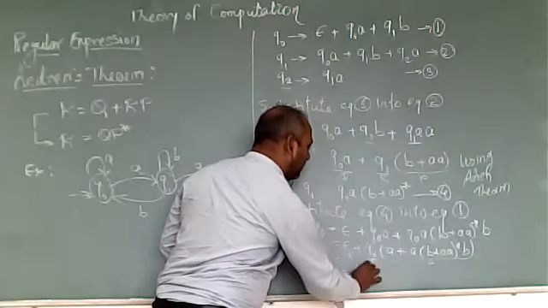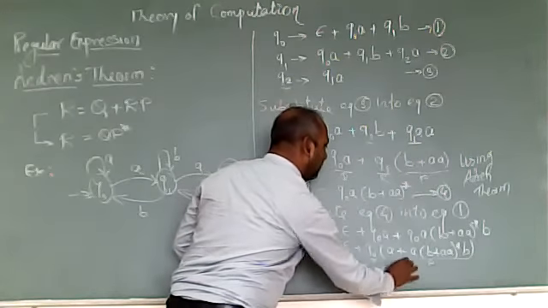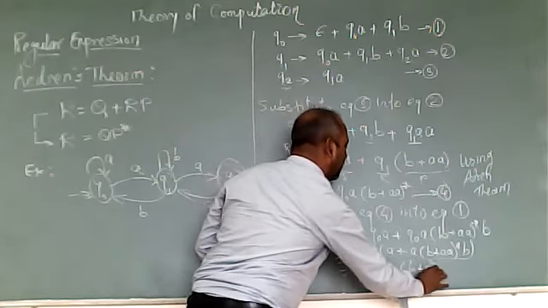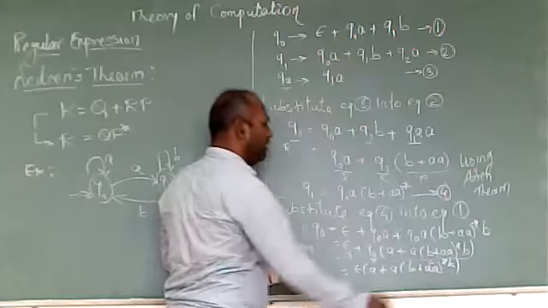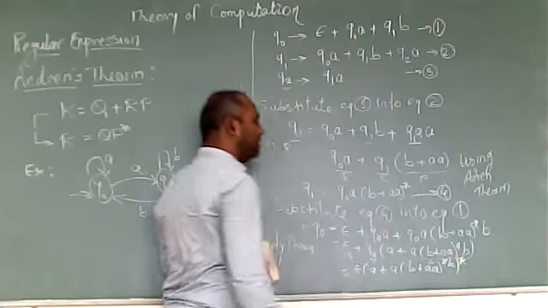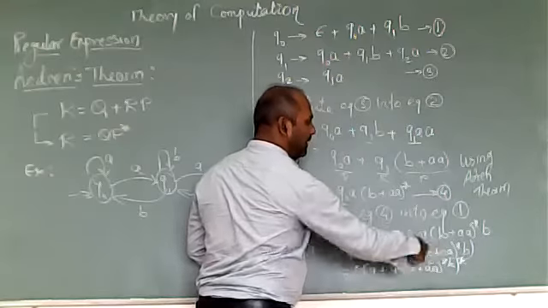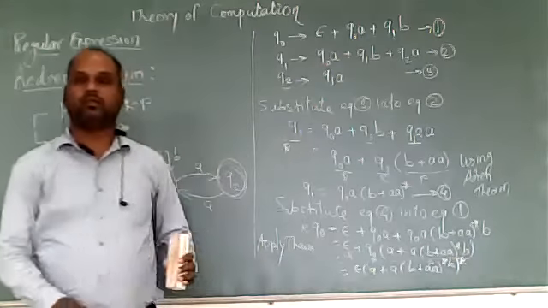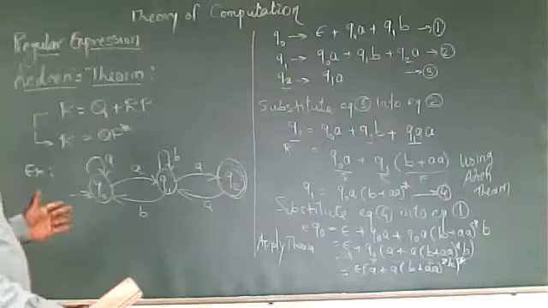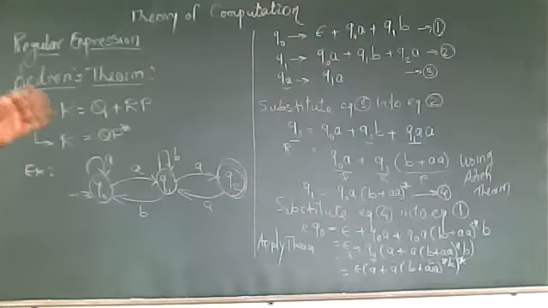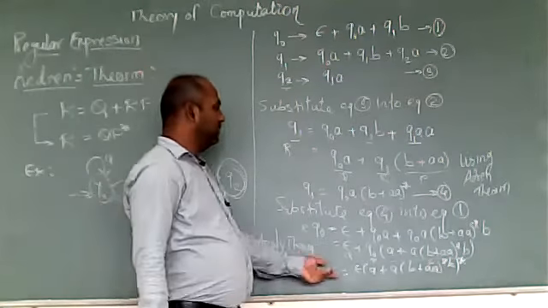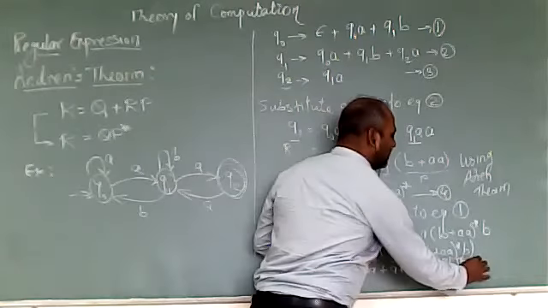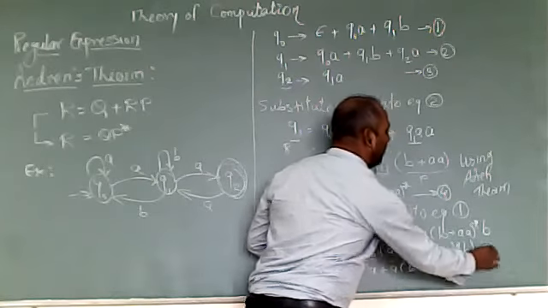This: (A plus A(B plus A star B)), and this whole bracket star, because this is P star. So epsilon(A plus A(B plus A star B)) whole star. We'll name this equation number 5.